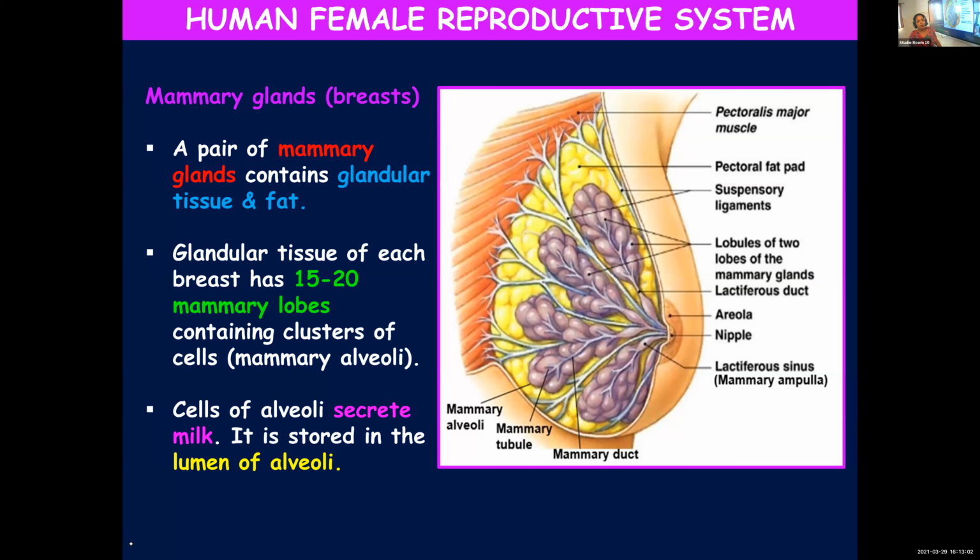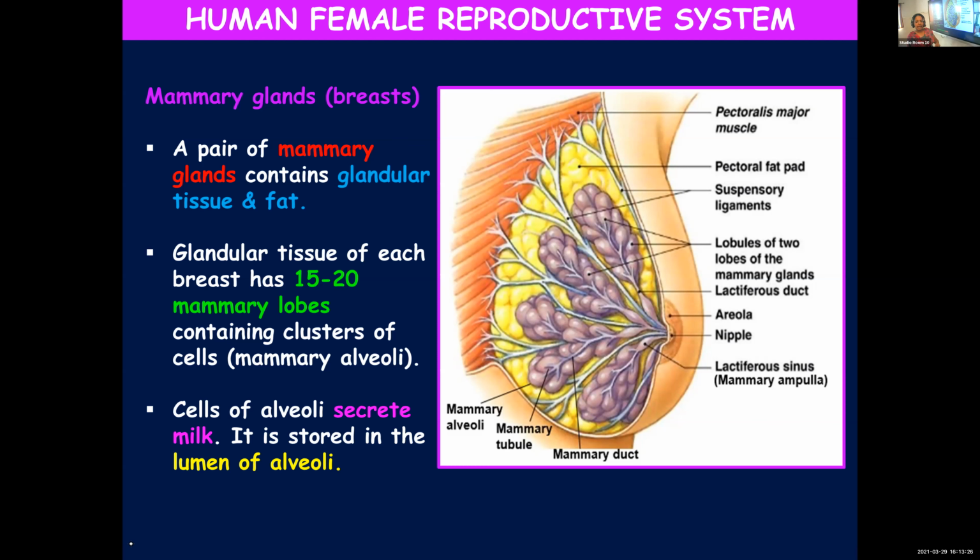Each lobe, as you can see in the picture, consists of clusters of specialized cells. You call them mammary alveoli. And mammary alveoli secrete milk, which will be stored in the lumen of alveoli.